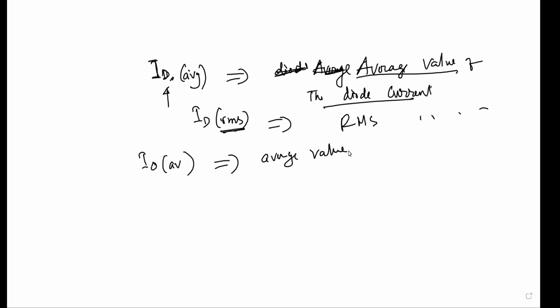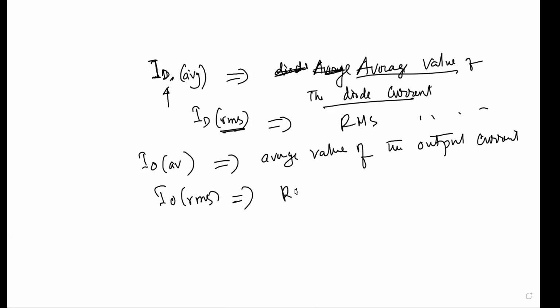O stands for output. Similarly, you can write RMS, that will be the root mean square value of the output current.